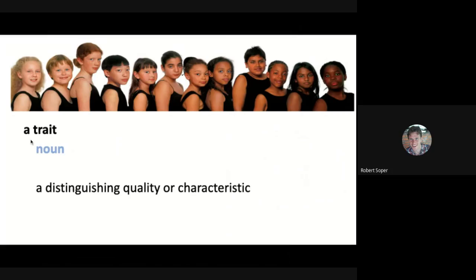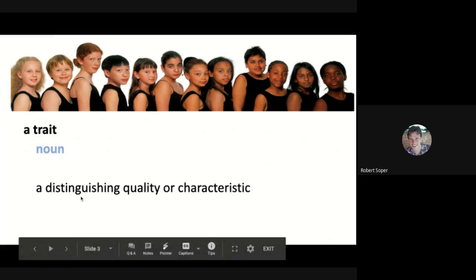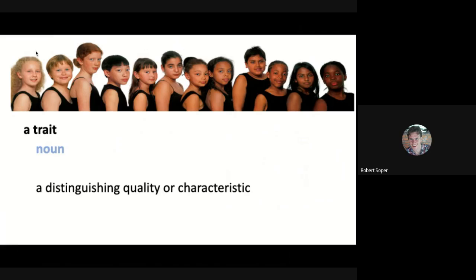Okay, here we've got the noun trait. Trait, as I mentioned, is a noun and it means a distinguishing quality or characteristic. So, what distinguishing qualities or characteristics do these little girls have? What makes them different from each other?